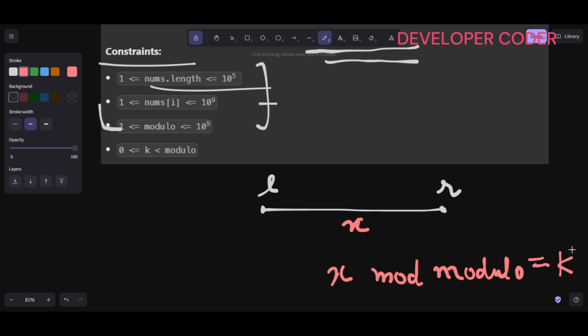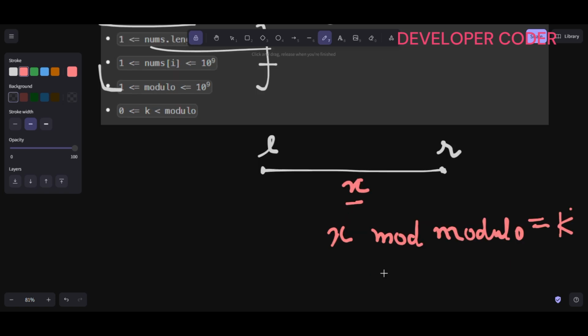Suppose this element x satisfies this condition, and it appears count number of times. Then the subarray nums[L..R] is called an interesting array.